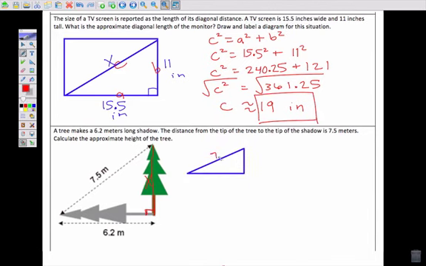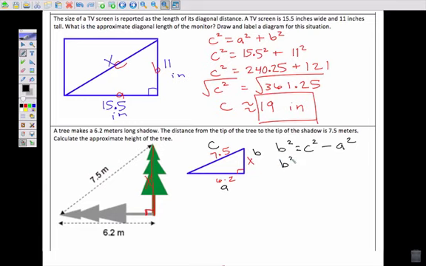We know that this is 7.5, and this is 6.2, this is 90 degrees, and this is the one we're trying to find. So let's label the sides of the triangle. So across from the 90 degrees, that's my C. I'm going to label this side as the A, and this side as the B. So I'm trying to find B.